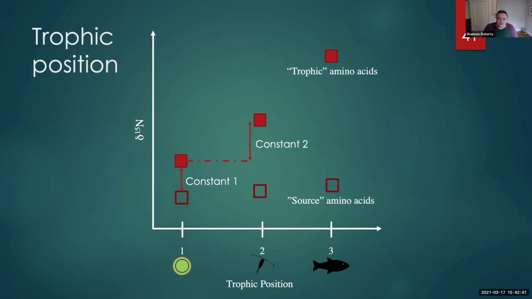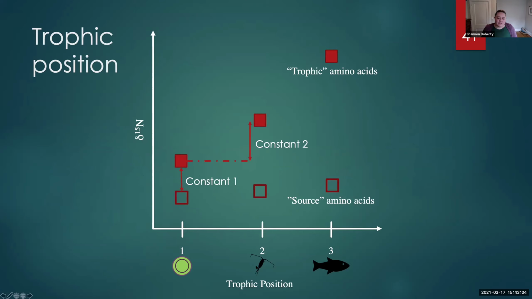And to talk about this, I need to introduce the concept of trophic position and stable isotopes. So the trophic position is really simply the position or level in the food web of an organism or particle. For example, we have trophic position on the x-axis here. We have phytoplankton, which would be at trophic position 1 because they're a primary producer.